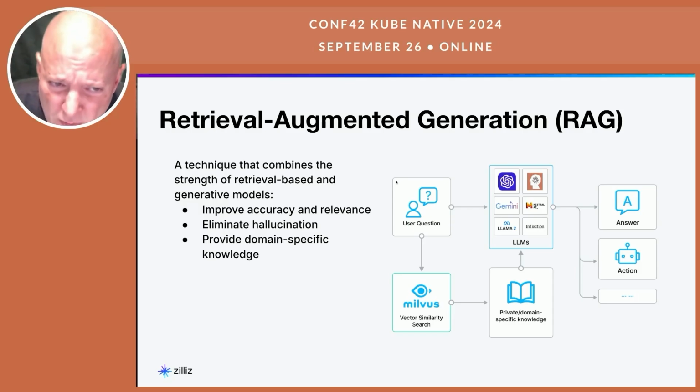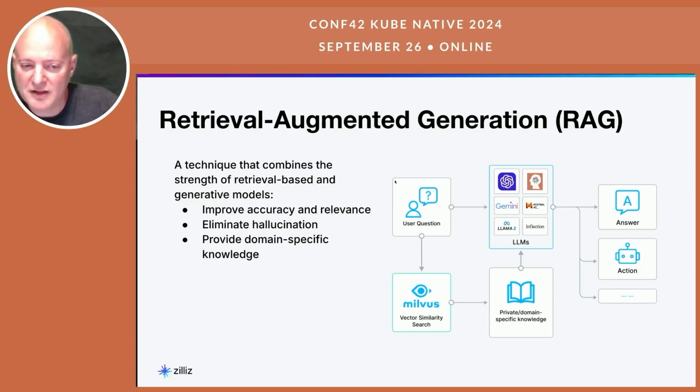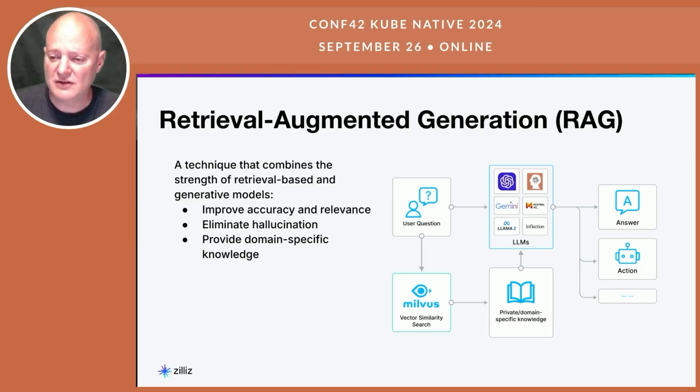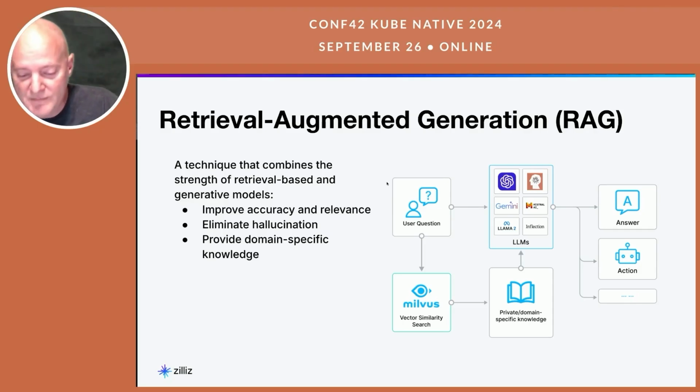And retrieval augmented generation, RAG, you're going to hear that term a lot. A ton of people are doing this because it's helpful. It saves you money. It makes your results more accurate, gives you back more relevant results, reduces hallucination significantly, and you can provide something specific to a domain, like I gave it air quality data, gave it just articles about Milvus, so we get better results.